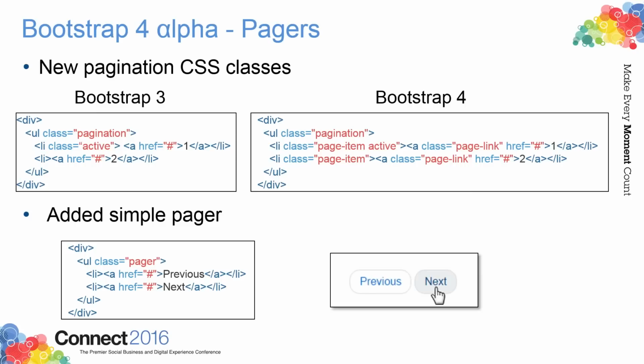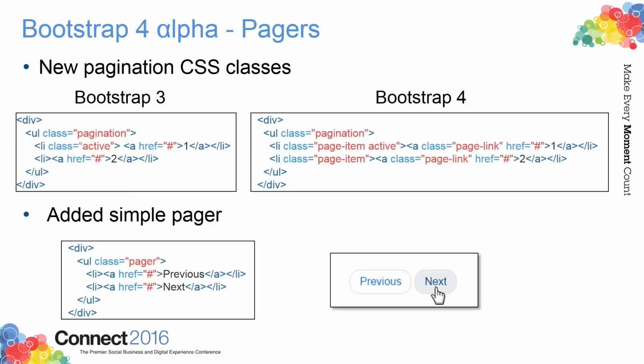In Bootstrap 4, they've decided to make it a bit more explicit, so you need to define more classes on each of the individual elements within your pager. So the pagination class on the UL, then the page-item class on the list element, and then the page-link class on the anchor within that list element. So you have a little bit more work to do in terms of adding these extra classes to your HTML or to your XPage application.